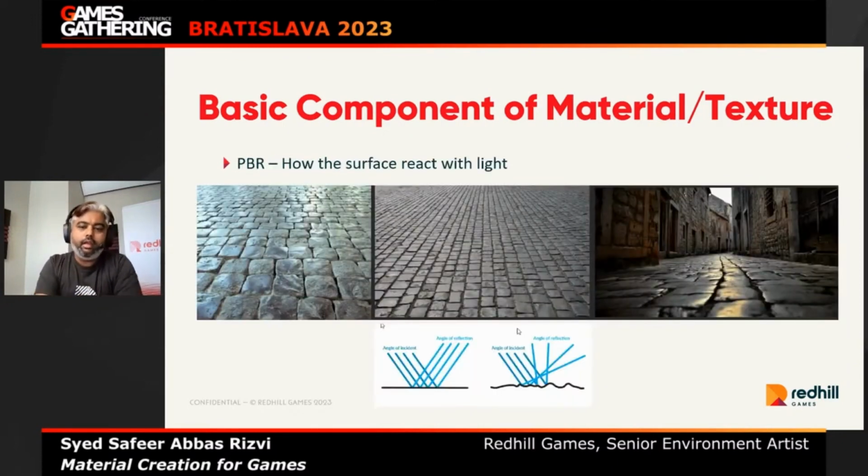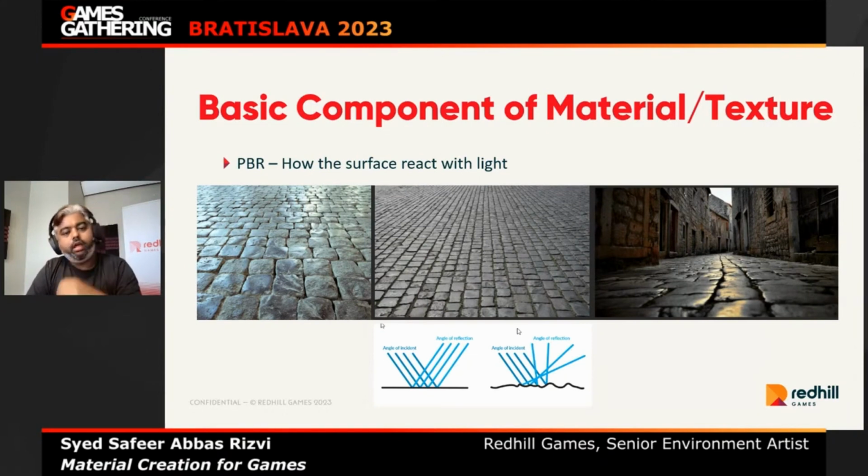The other important component is PBR, and nowadays everybody knows PBR is how the surface reacts with light. Here is one point I really want to raise: oftentimes people get confused with PBR.